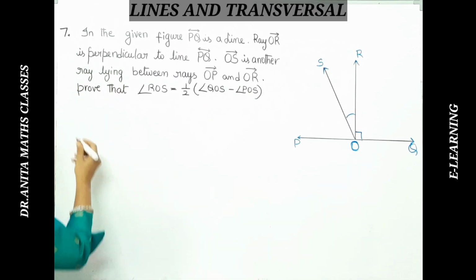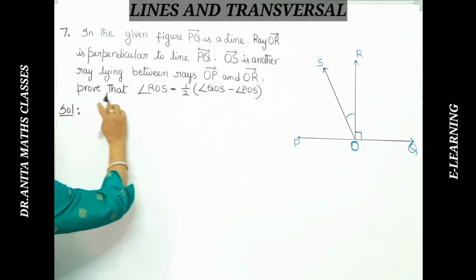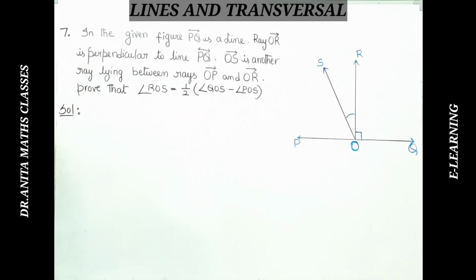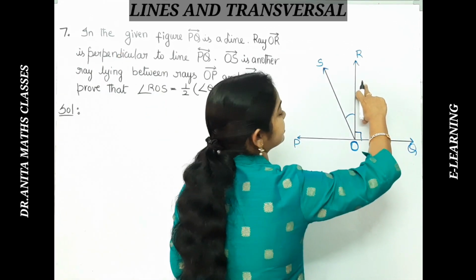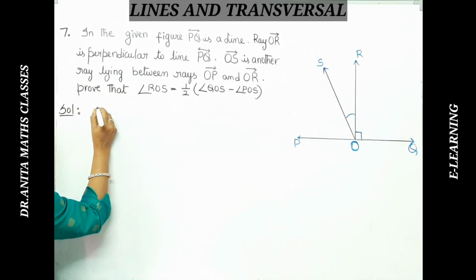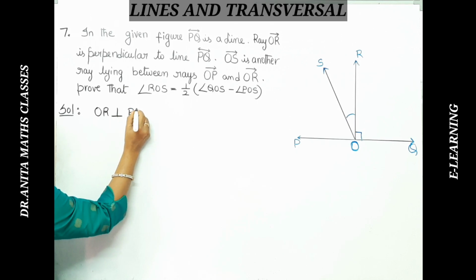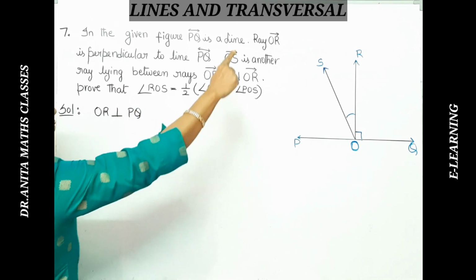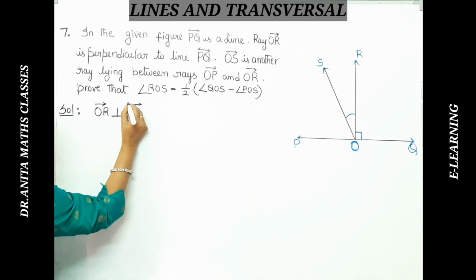Let's get started here with the known information. In the given, PQ is a line and OR is perpendicular to the line PQ.